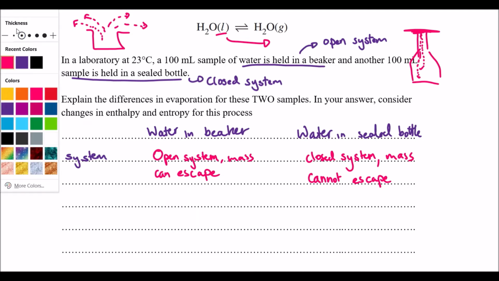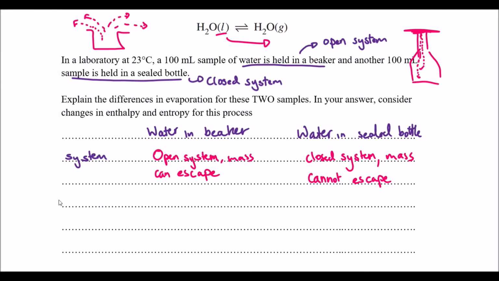So our next point is the reversibility. We can say that it is most likely to be irreversible in the beaker, and in the sealed bottle, reversible.